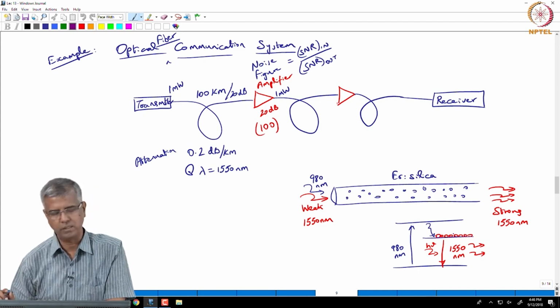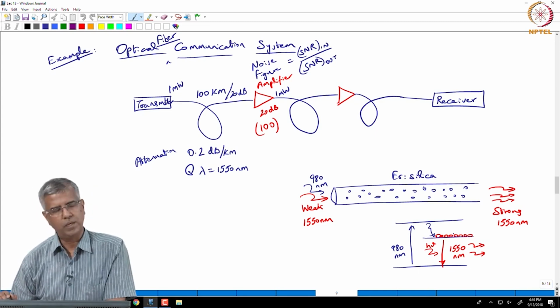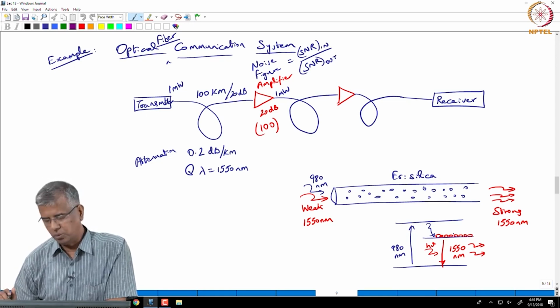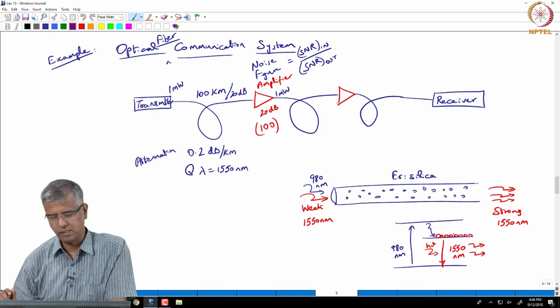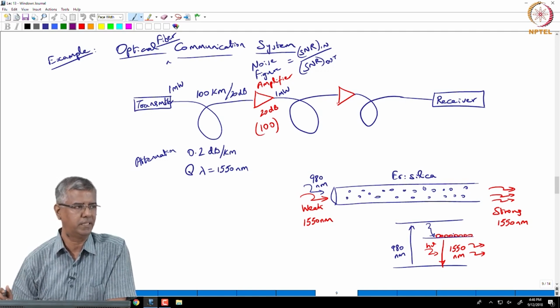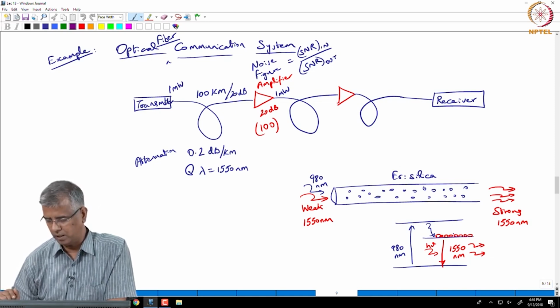Phonon energy is the vibrational energy that you have in the glass. When you have two energy levels that are very close to each other, within the phonon energy of the glass, you lose that energy through just non-radiative relaxation. That is what is happening in erbium.